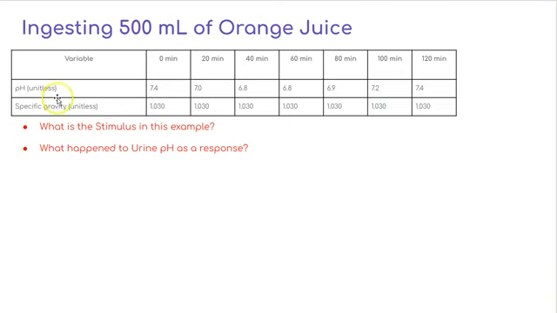And then when you're ingesting 500 milliliters of orange juice, because in our orange juice we have citric acid, what's going to happen to the urine pH? So then as you can see here, as a response, our urine pH is going to decrease, and then it's going to go back to increase. So we have a decrease of the pH.